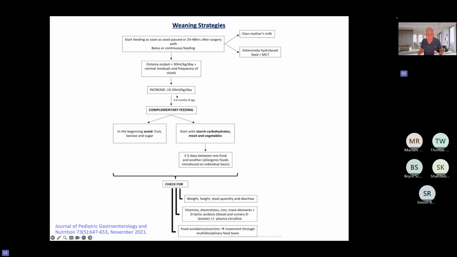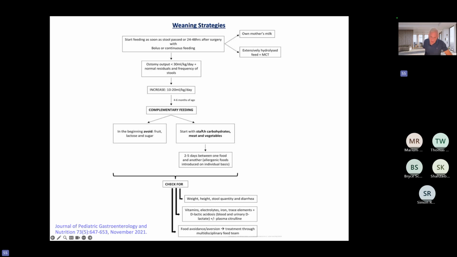You want to try to increase the levels of fluid taken enterally by 10 to 20 milliliters per kilogram per day whenever possible. And then, again, by 4 to 6 months of age, you want to start complementary feedings, trying to avoid high osmolality elements such as sugars.